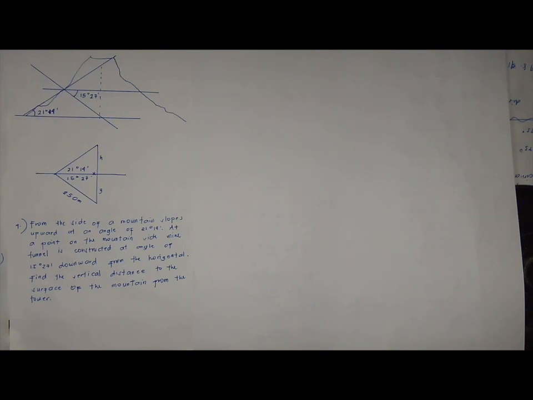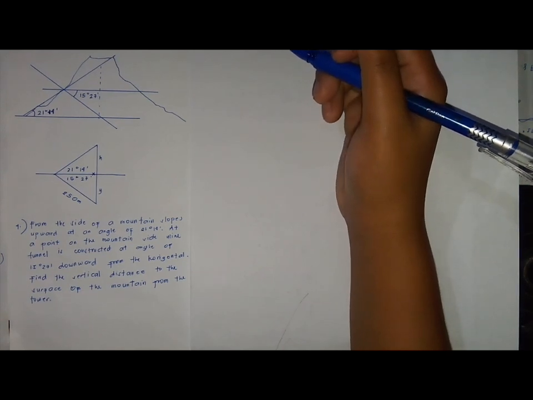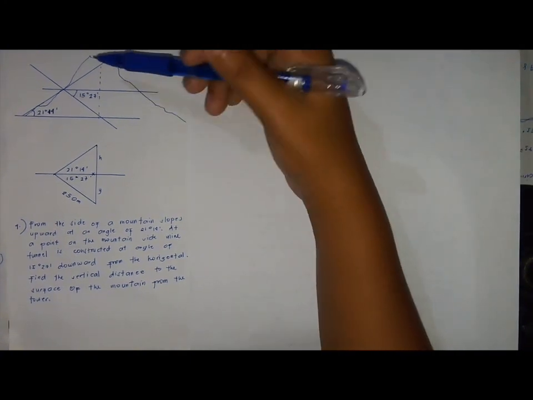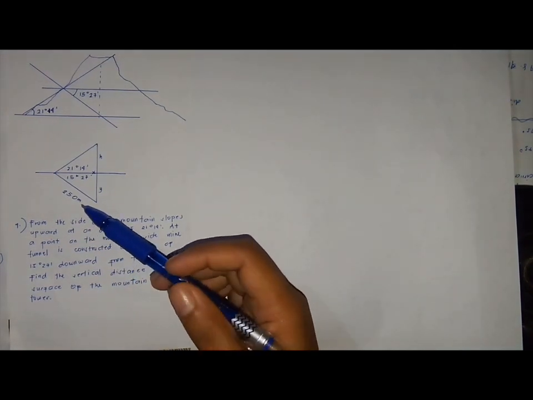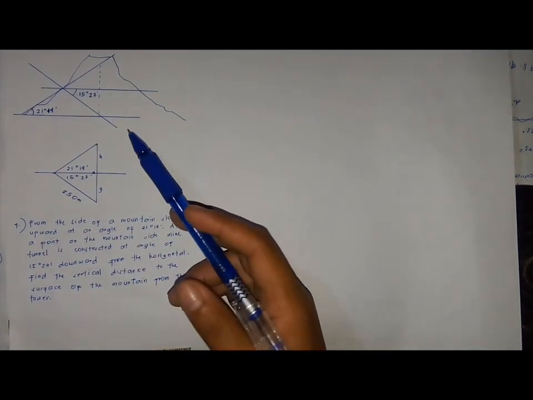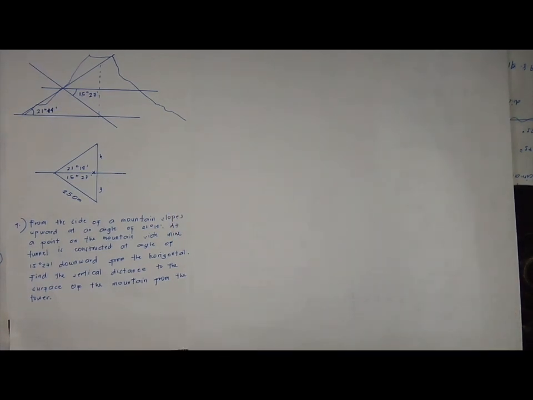Find the vertical distance to the surface of the mountain from the tunnel. So the length of a tunnel is 250 meters. So we are going to find the vertical distance from the end of the tunnel up to the surface of the mountain.